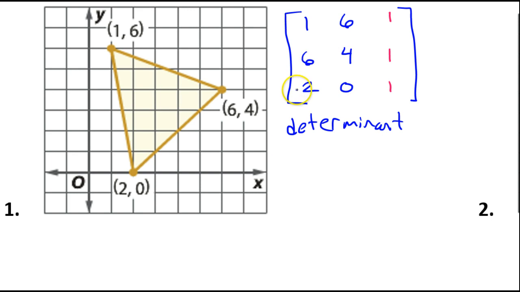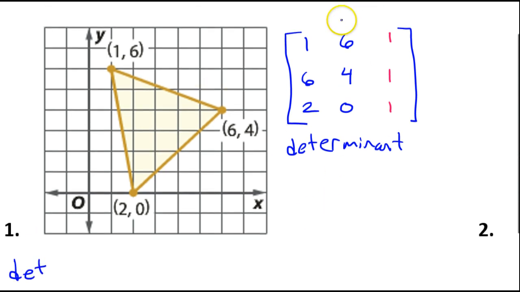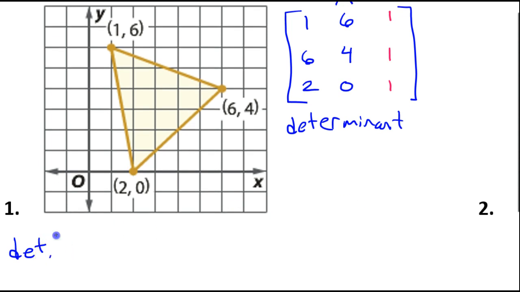So I have to pick a row to use. I'm going to pick the bottom row because the calculations are easier if you have a 1 or a 0. So this has a 0 and a 1, so I like the bottom row. This is how I'm going to find my determinant. I'm going to call this matrix A. So I am calculating the determinant of matrix A.